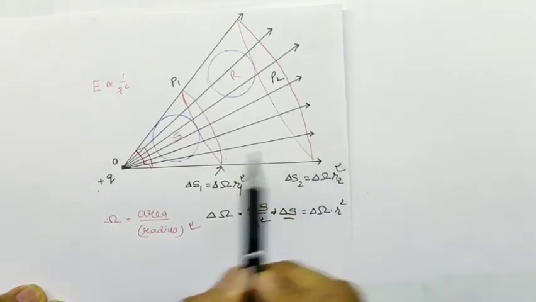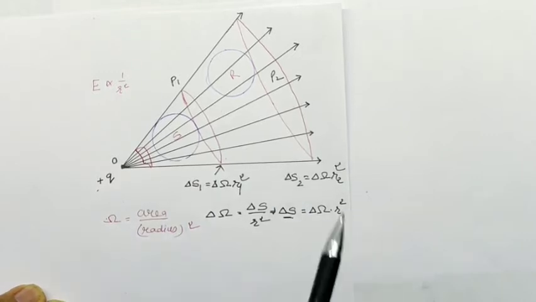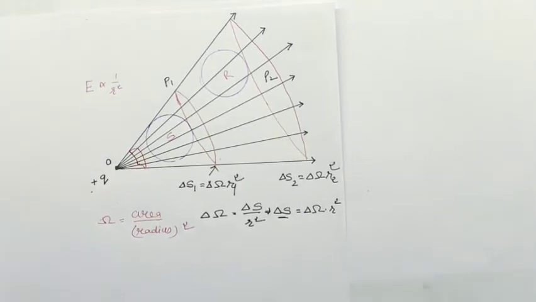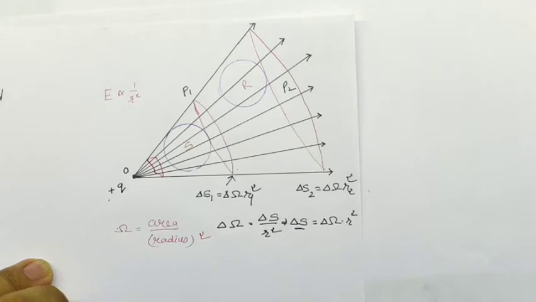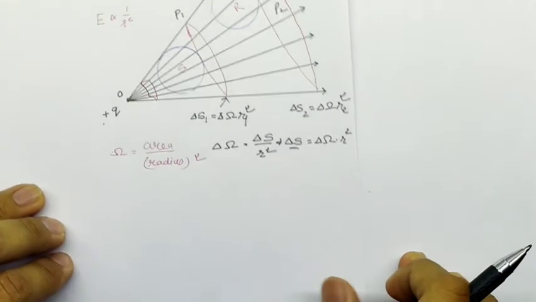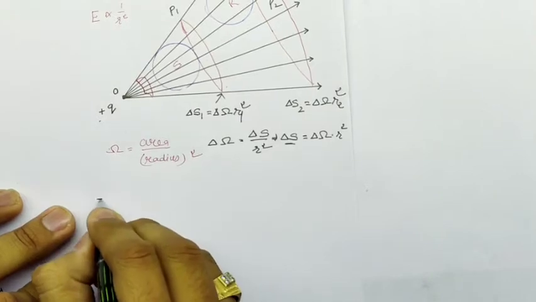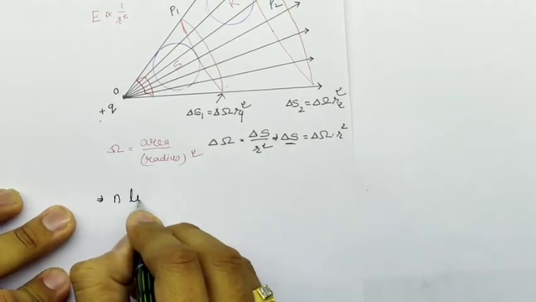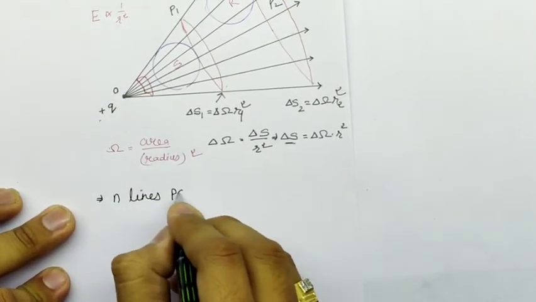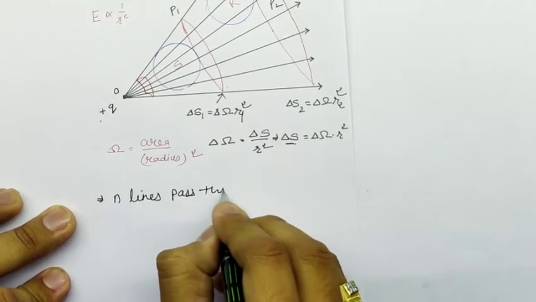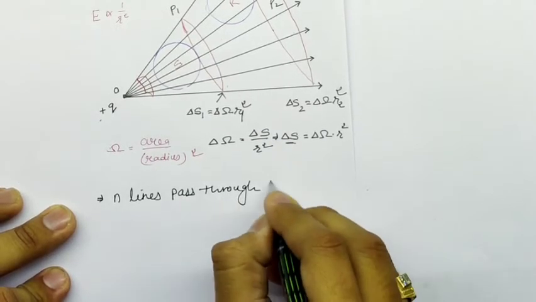The only change is the distance, which is r1 and r2. Equal field lines pass through both areas. Suppose n lines pass through both.